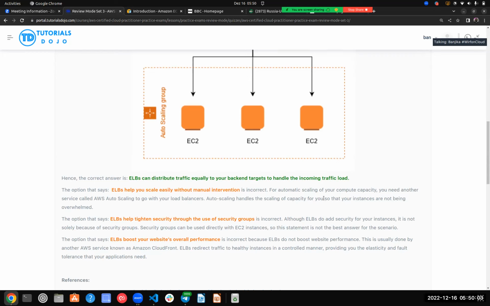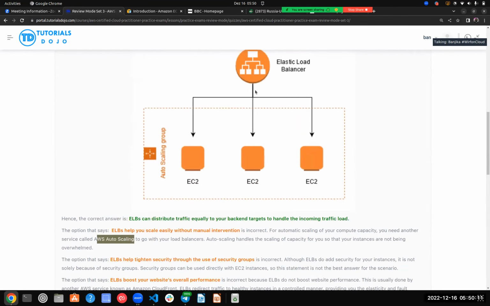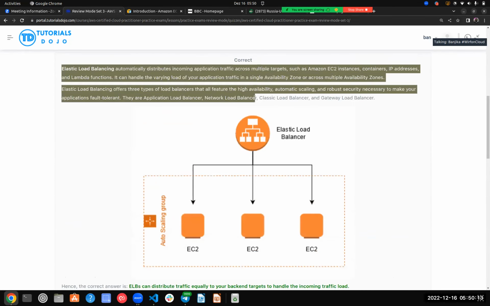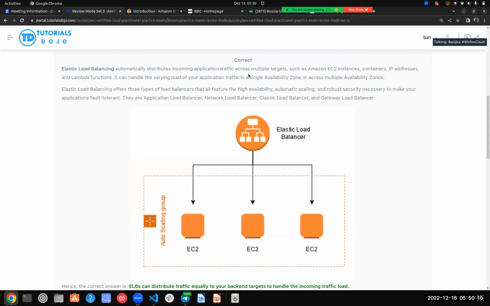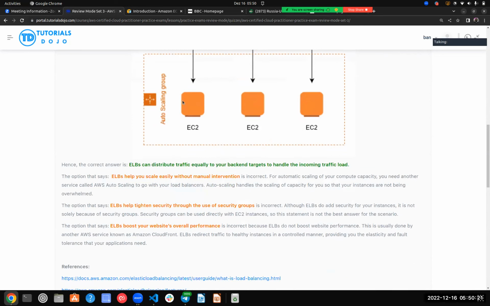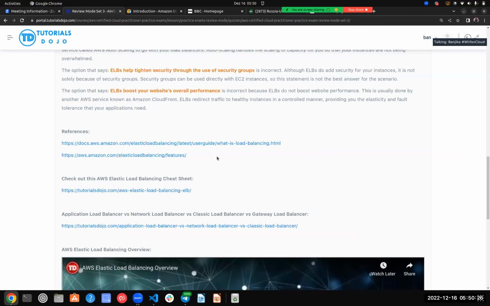For automatic scaling of your compute capacity, you need another service called AWS Auto Scaling. But for distribution of the load, your load comes from the top, comes to the load balancer, and then it's distributed to the different EC2s. And then to increase the number of EC2s is the auto scaling group that will do that.